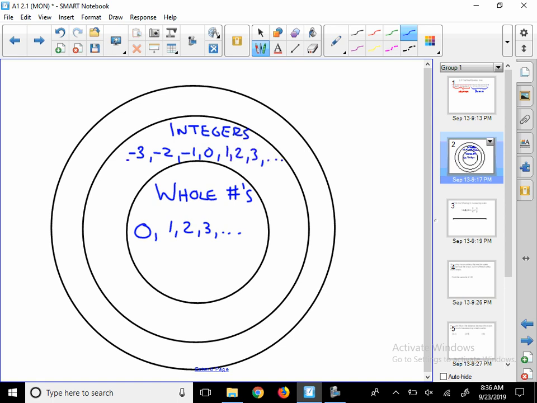And it'll keep going in both directions, both positive and negative. So the integers just allow us to have negatives. And notice that all of the whole numbers are also part of the integers. I have 0, 1, 2, 3 in the whole numbers as well. So if a number is a whole number, it is also an integer.